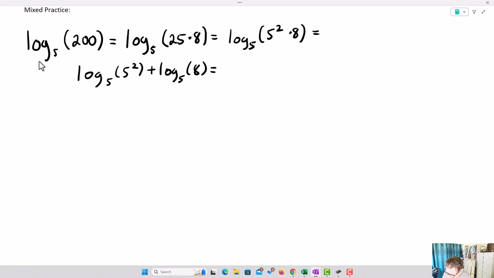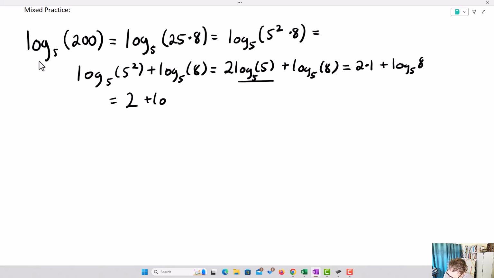And we'll make this equal to 2 log base 5 of 5, plus log base 5 of 8. If you remember, log base 5 of 5 is equal to 1, so this ends up becoming 2 times 1 plus log base 5 of 8, or 2 plus log base 5 of 8. And there we go.